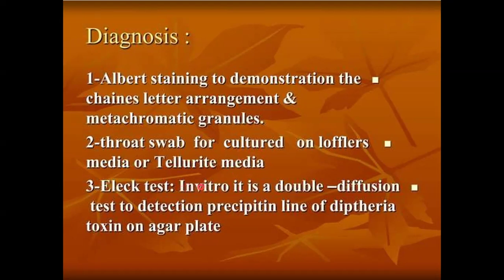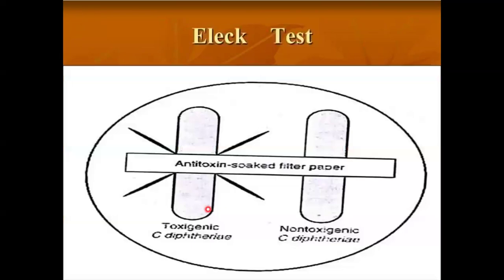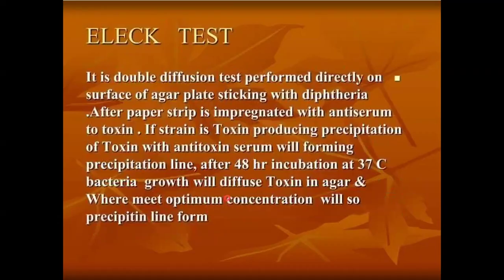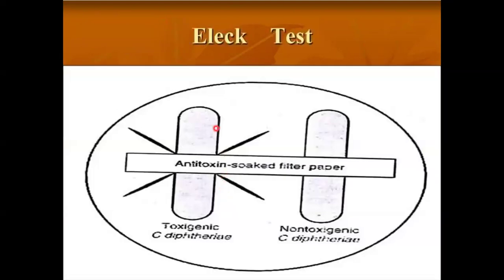The Elek test in vitro is a double diffusion test to detect the precipitin line of diphtheria toxin on an agar plate. So here's the Elek test. Let's say you've collected your swab, you put it here and here, and then we have antitoxin-soaked filter paper.